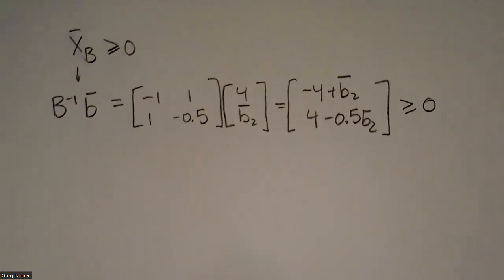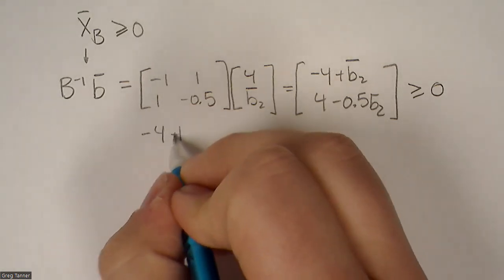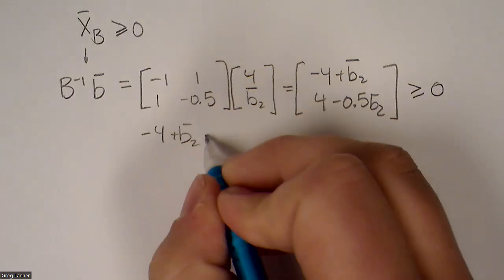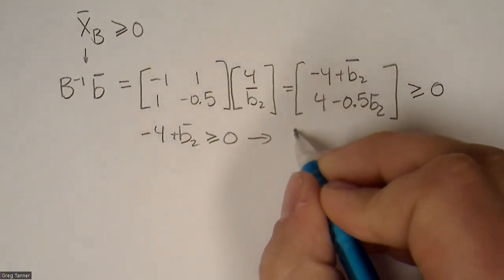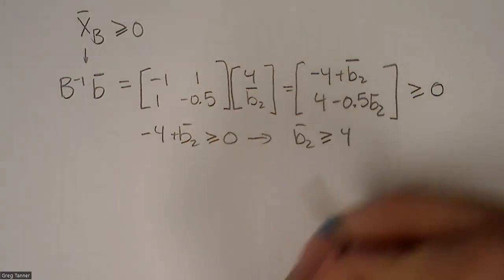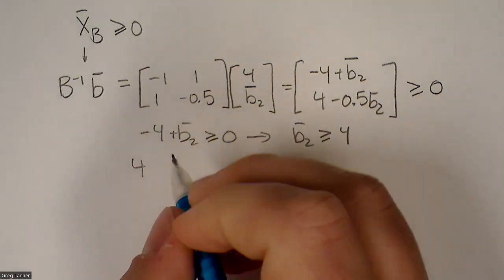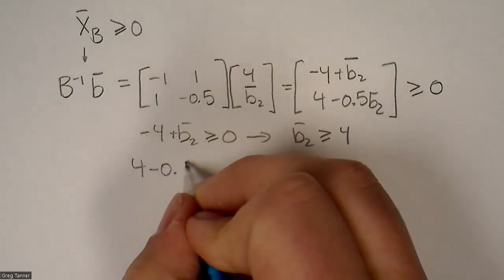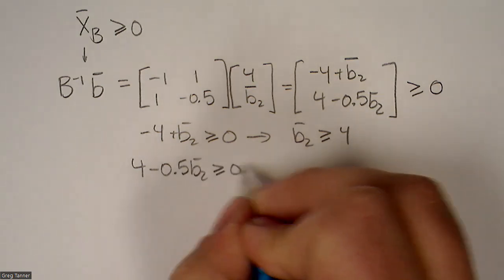That'll give us two inequalities. The first inequality is -4 plus B2 bar greater than or equal to 0, which if we add 4 to both sides tells us that B2 bar is greater than or equal to 4. The second one is 4 minus 0.5 B2 bar greater than or equal to 0.